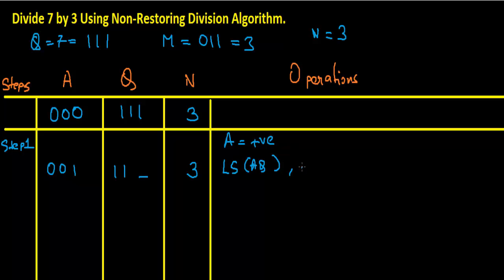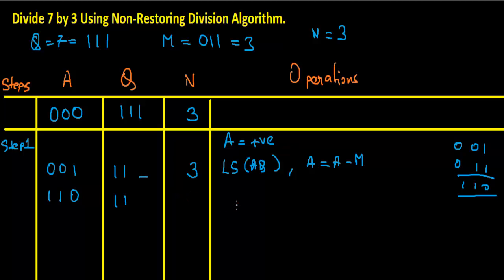And we'll also perform A equals A minus M, because A was positive. So A is 0 0 1 and M is 0 1 1, and on subtraction it gives 1 0 0. We'll write the M here, so just update it, no need to change anything on the Q.